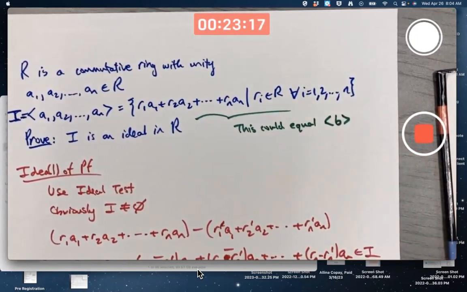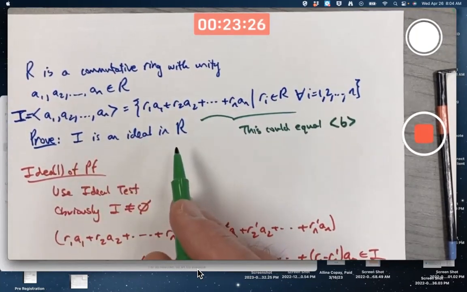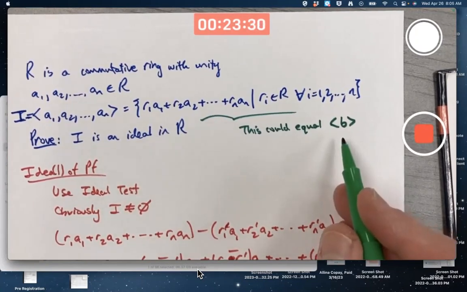That's possible. Okay. So just realize that going forward, sometimes ideals that are in this form that don't look like they're principal ideals could equal the principal ideal generated by some element.